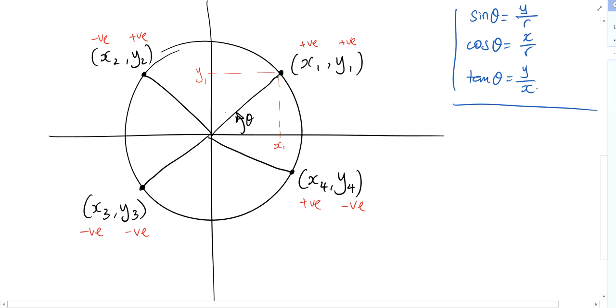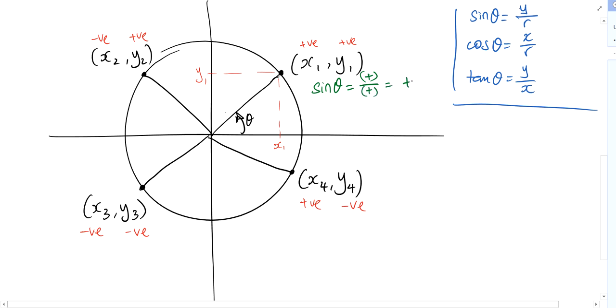Let's talk about the first quadrant now. Watch carefully. Actually, we've done this before. Sine theta equals y over r, so the numerator is positive or negative? Positive. The radius must be positive, no choice, because it's a length.